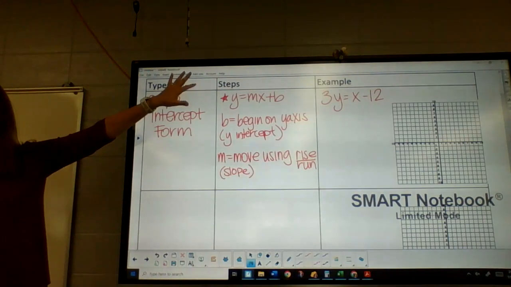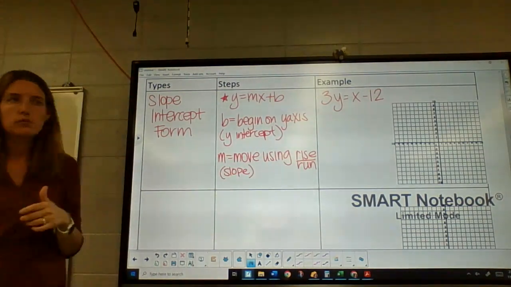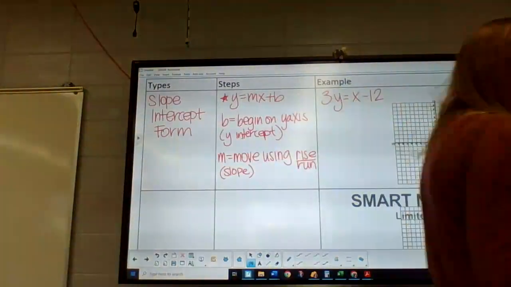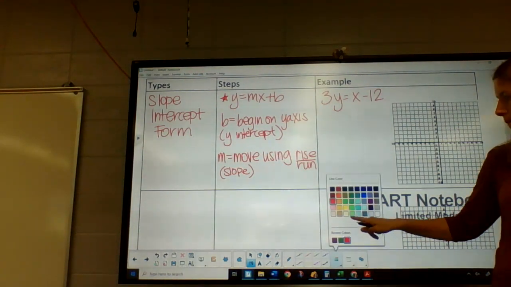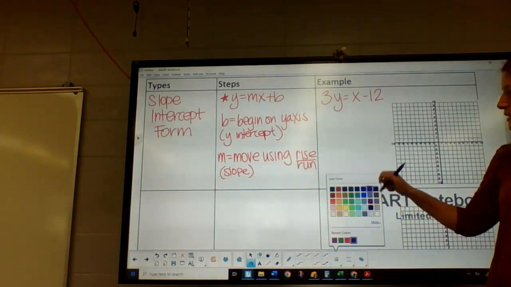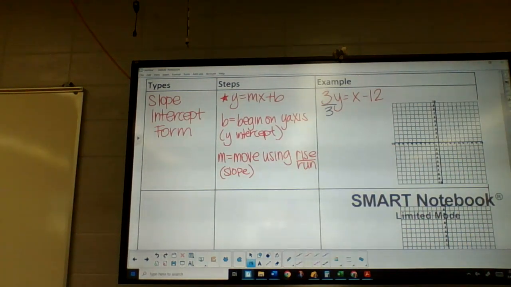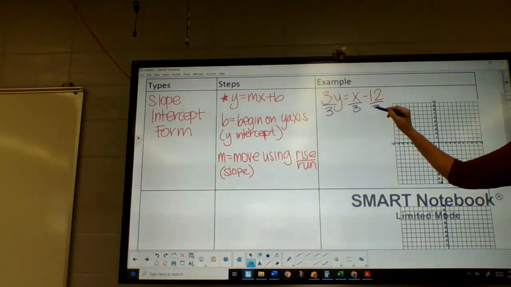So what are we going to do first? What do we have to do? What's happening to y? Y isn't all alone right now. Math's being done to y. Yeah, so it's being multiplied, so instead we have to divide by 3. Now if I do that to one part, I have to do to all the parts here. So divide by 3, divide by 3.